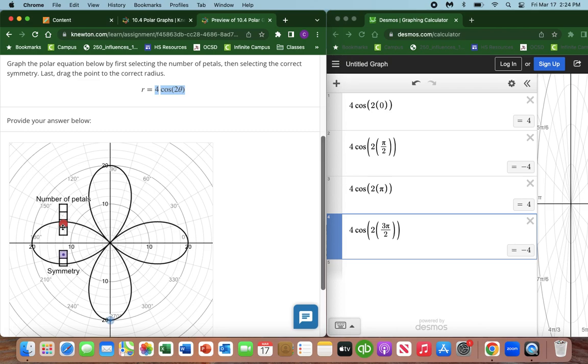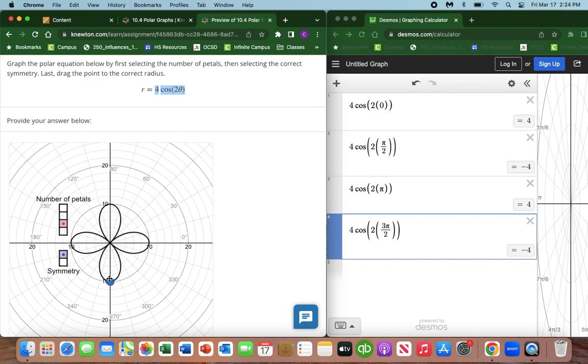There's 4 petals. It's a cosine graph, so notice sine was kind of at an angle. Cosine is actually along the axes for the most part. So we're in a good spot there. And 0 is 4. So 0 degrees, I have a radius of 4. So I'm going to go ahead and grab and drag this radius down to a radius of 4. That's 10, 8, 6, 4.